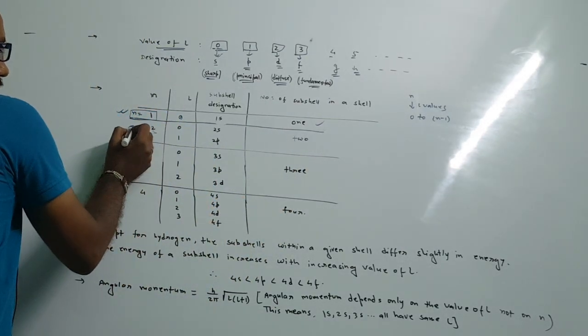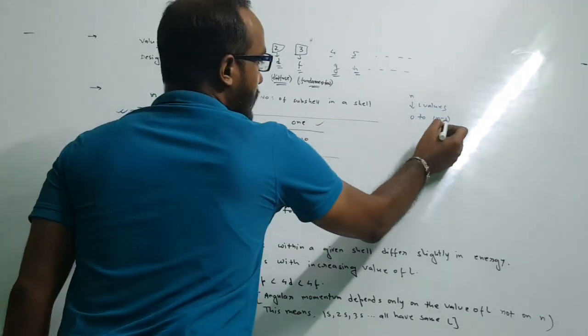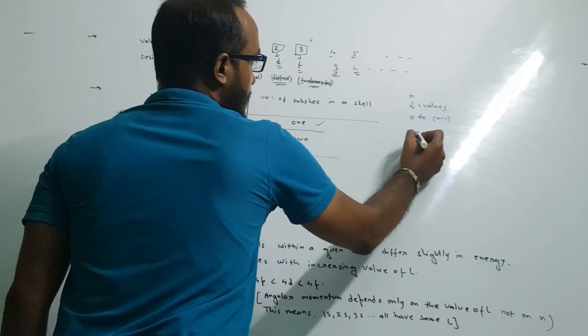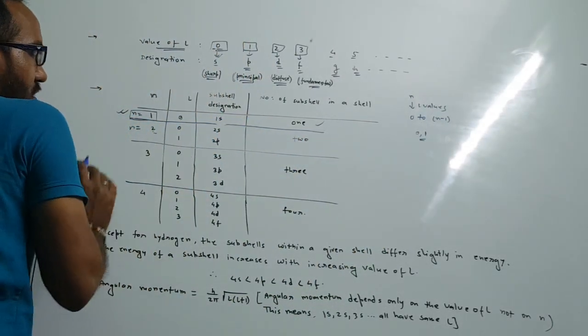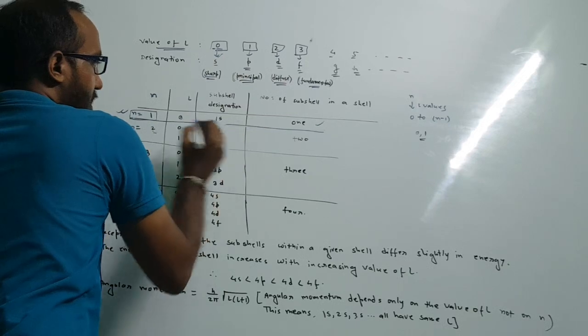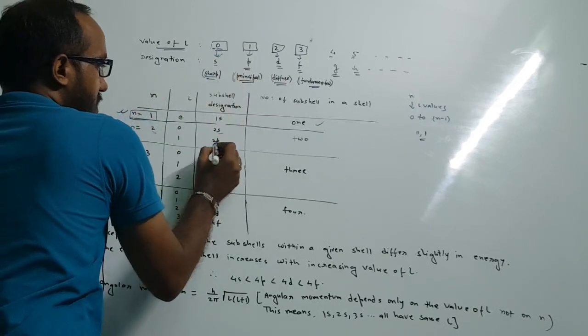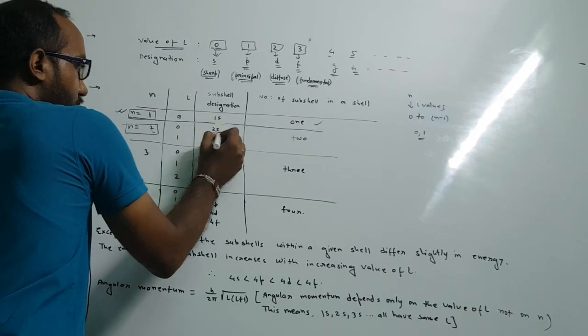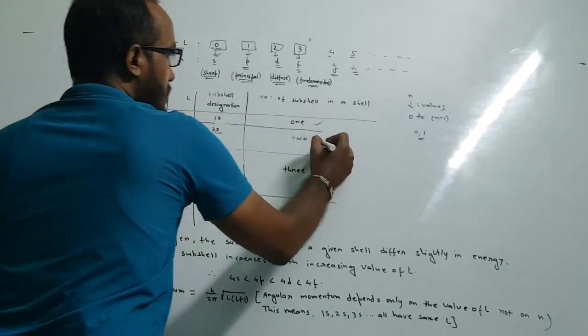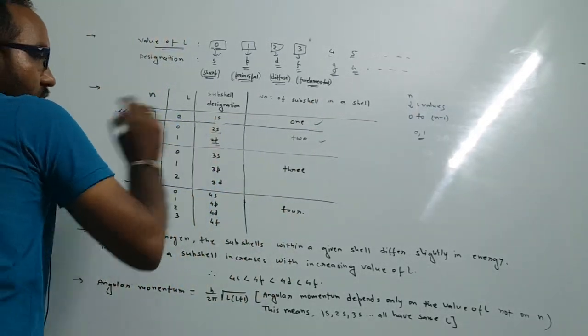If we have n equals 2, 2 minus 1 is 1, so we have two values, 0 and 1. 0 is represented as S, 1 is represented as P, and since we have the second shell, we get 2s, 2p. So we have two subshells, 2s and 2p.